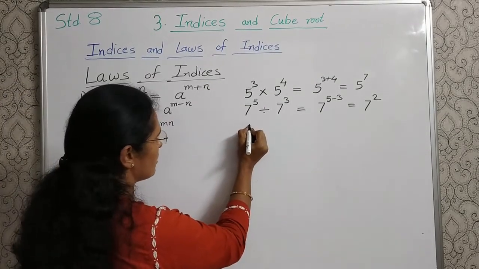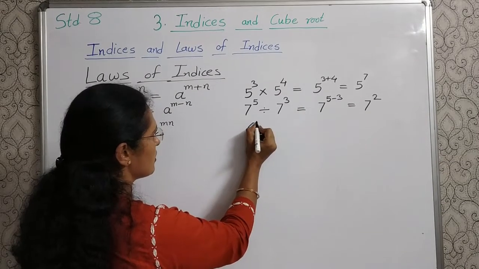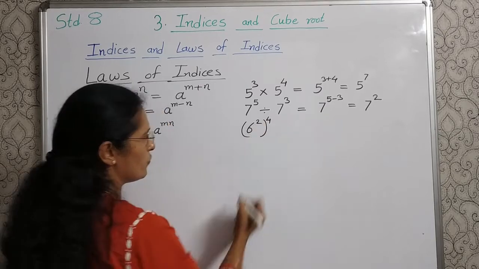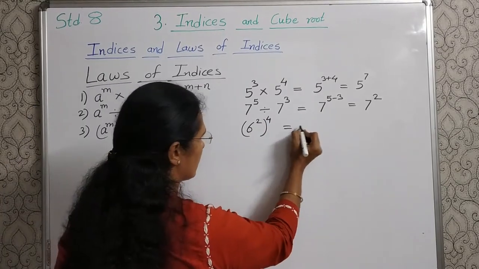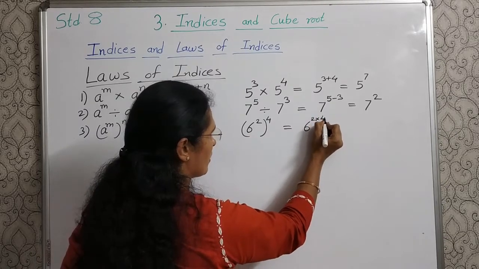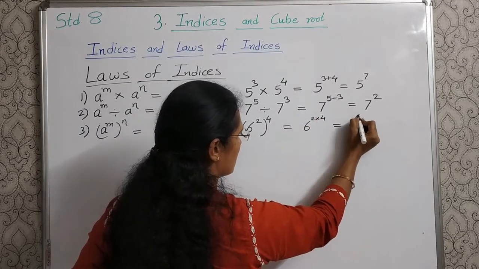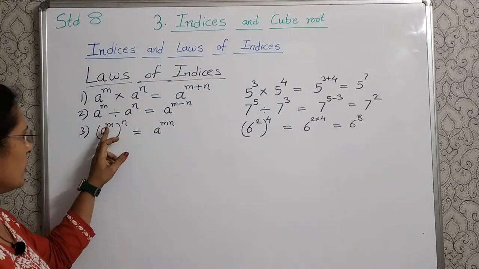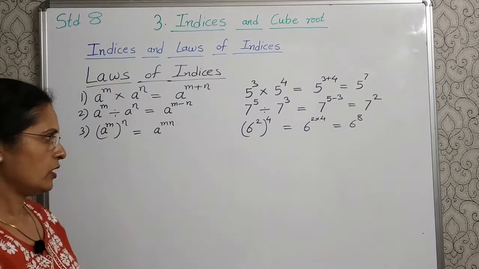We'll take one example. If it is 6 square raised to 4, then we can write 6 raised to 2 into 4. So it will be 6 raised to 8. So this is a raised to m raised to n is equal to a raised to mn.